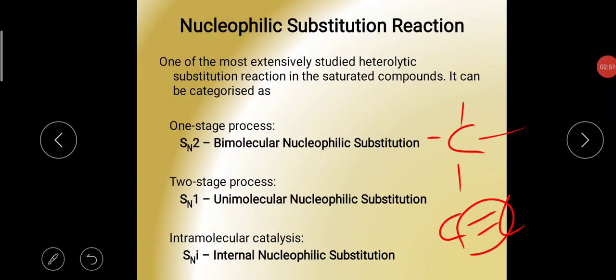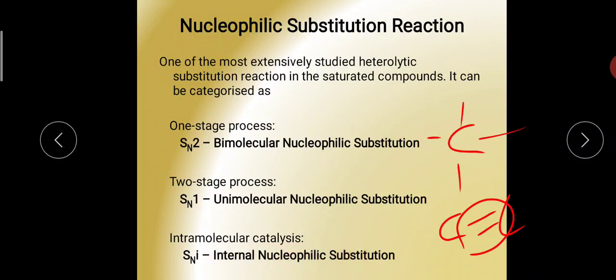Now, what are the types of nucleophilic substitution reaction? So we'll say it's SN2, which is also known as bimolecular nucleophilic substitution. Then there is your SN1, which means unimolecular nucleophilic substitution, and SNi, which means internal nucleophilic substitution.